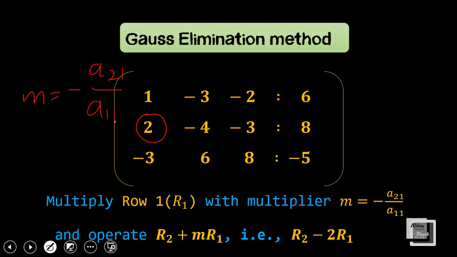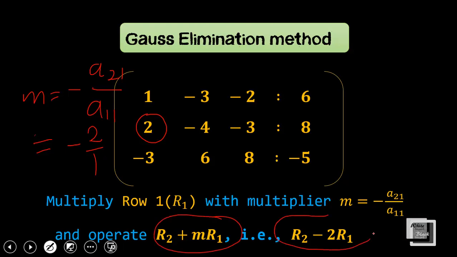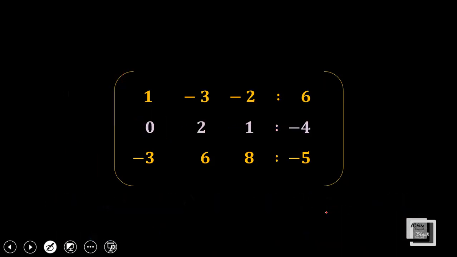So in this case, the value of m will come out to be minus 2 by 1. I will operate here R2 plus m R1, that is R2 minus 2R1. By applying this operation, I will get this row 0, 2, 1 and minus 4. You can see that this coefficient has been eliminated and we have reduced it to 0.